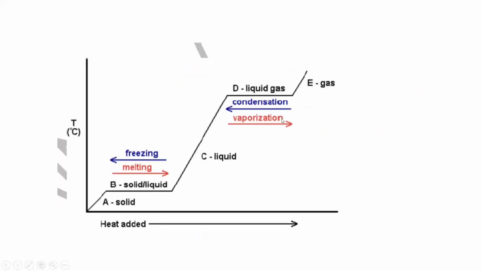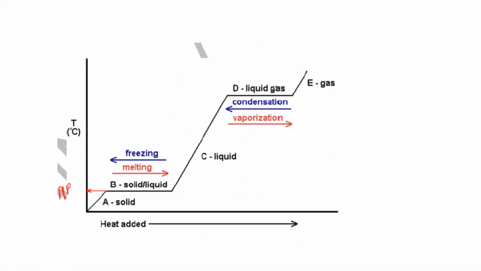So from the graph, how can we work out the melting point or the boiling point? If a question asks you to state the melting point or the boiling point: when a solid is converting into liquid, in this region, you will draw a horizontal line to the temperature axis, and that temperature will be the melting point or freezing point.